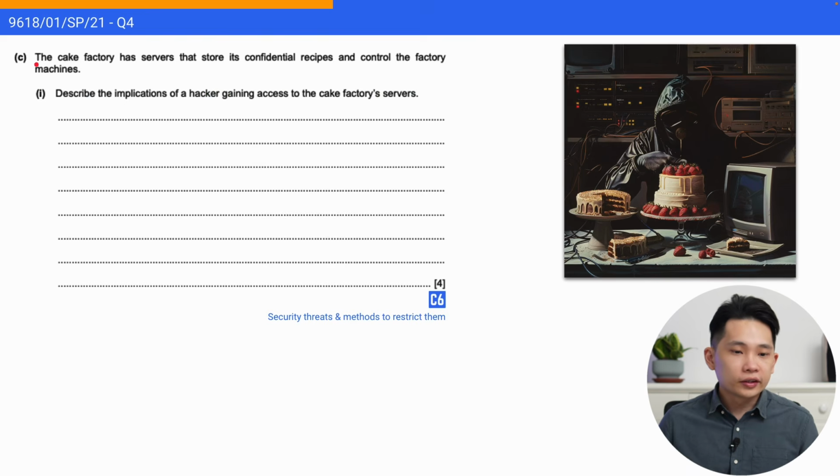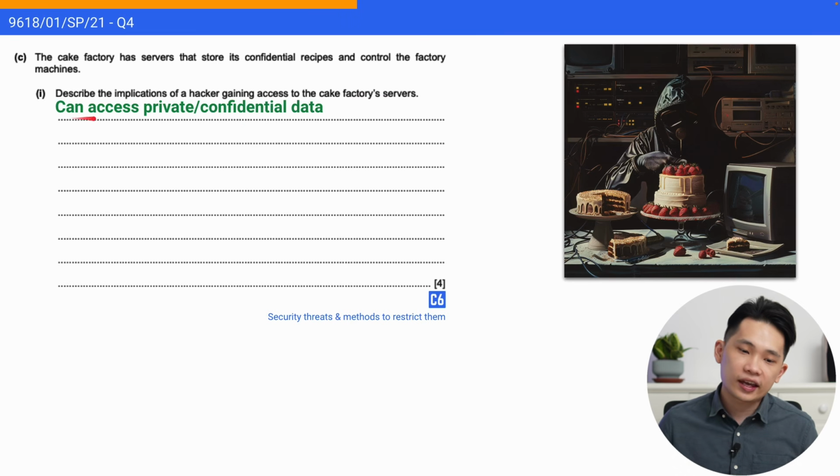For C, the cake factory has servers that store its confidential recipes and control the factory machines. Describe the implications of a hacker gaining access to the cake factory's servers here. So this is pretty easy here. We can just write things like can access private or confidential data.